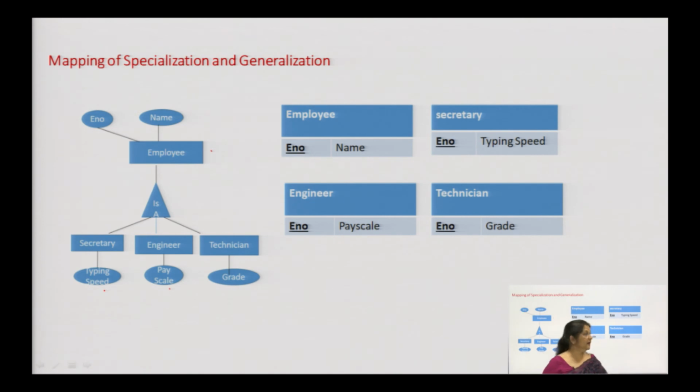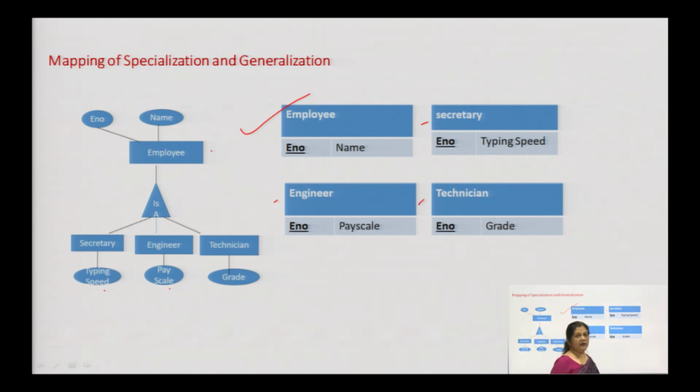So, what we have done is that, like we said, for the superclass you create a relation with all the attributes of the superclass. So, we have put ENO and name over here. We have the 3 subclasses secretary, engineer and technician.